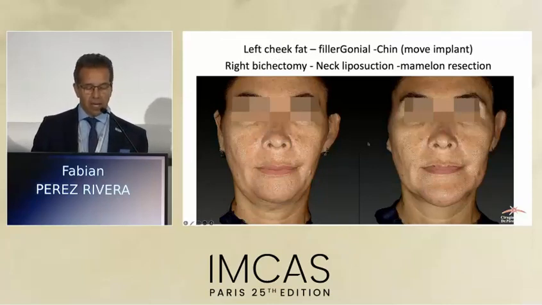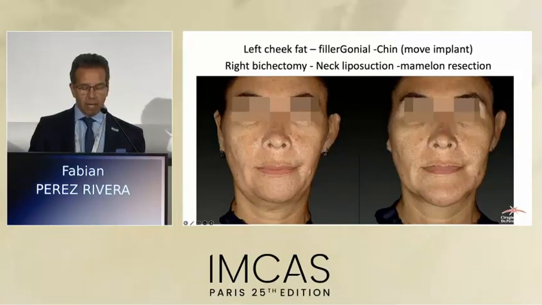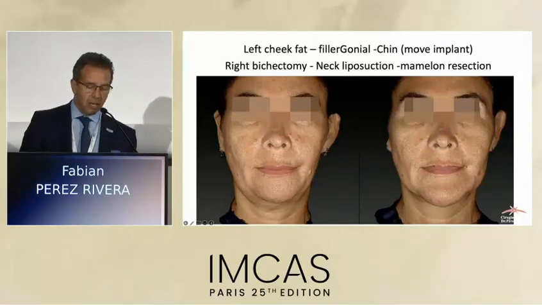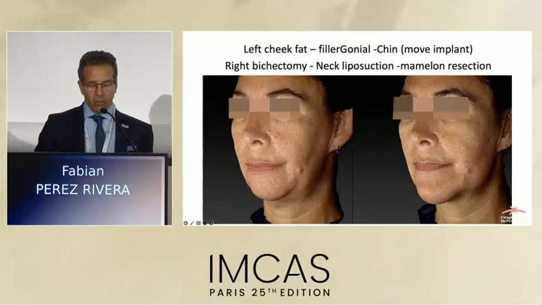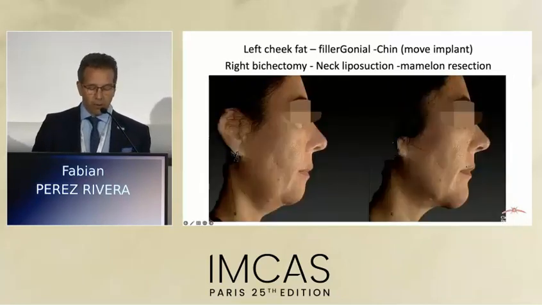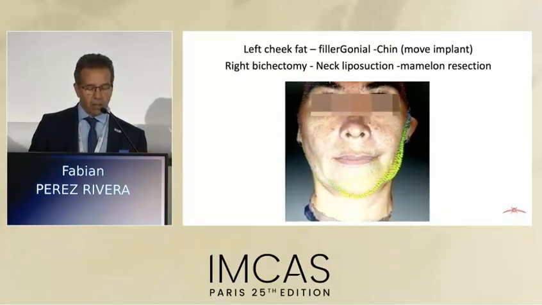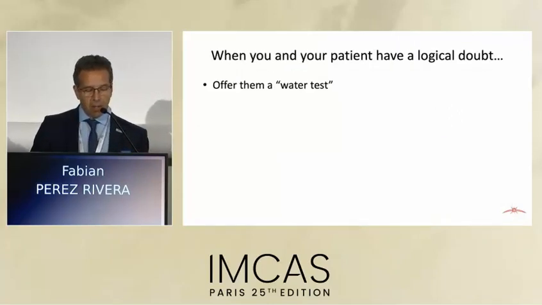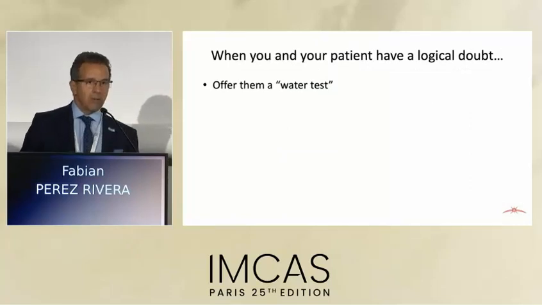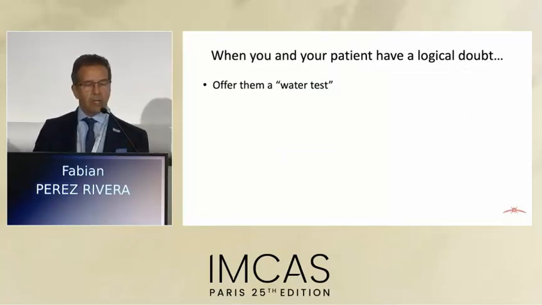You can see here the way I can obtain a reduction of the volume in all the right side and an increase of the volume in the left side. In the profile view, in a complete profile view, and here is the proof of the volume that we obtain with the vector system. In some cases, I have doubts, and my patient too, that's why I offer the water test.